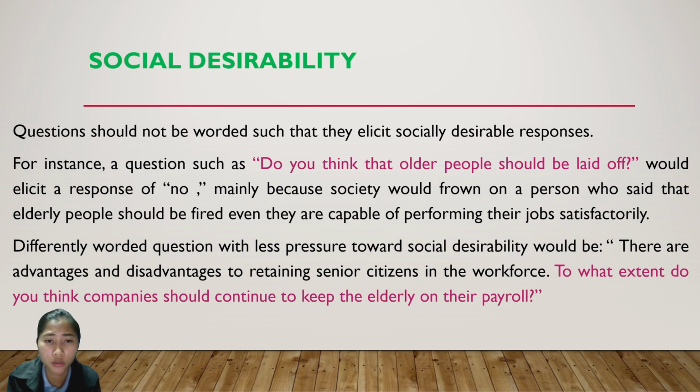A differently worded question with less pressure towards social desirability would be: there are advantages and disadvantages to retaining senior citizens in the workforce. To what extent do you think companies should continue to keep the elderly on their payroll? Social desirability is a bias in which respondents give answers they believe will be viewed favorably by others rather than giving their honest opinion.